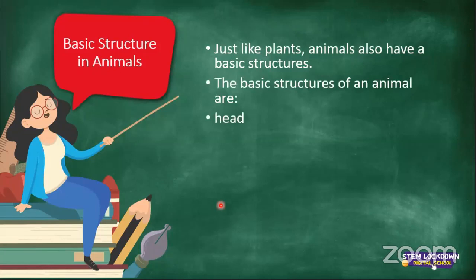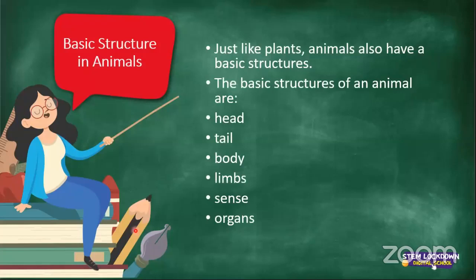The basic structure of an animal: the head, the tail, the body, limbs, and sense organs. Okay. That's eyes and ears and things that they sense with.